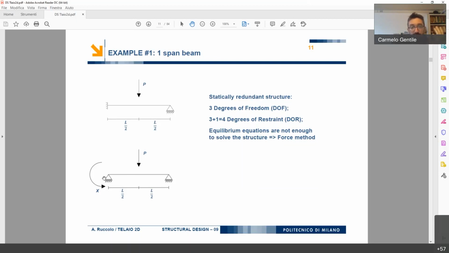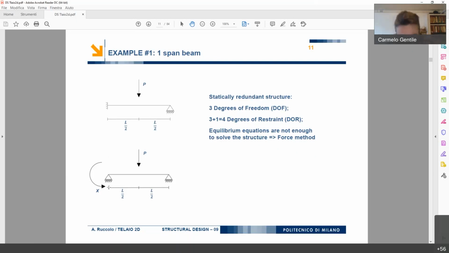What we usually do in this case is just turn the clamped-in section, the first one, into a hinge. In this case, I have plotted a roller.